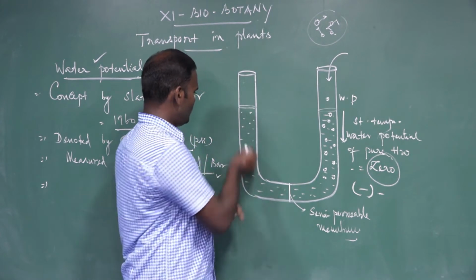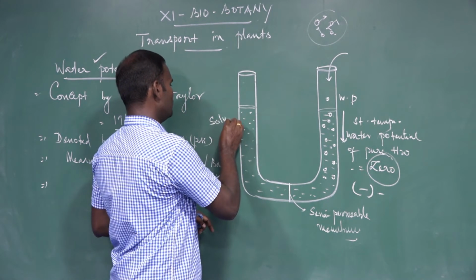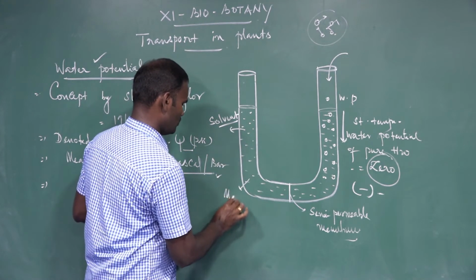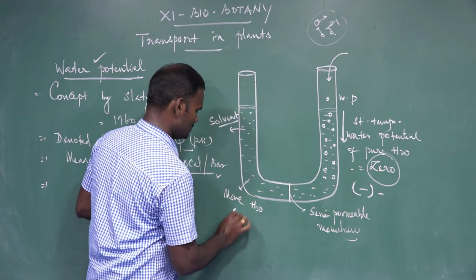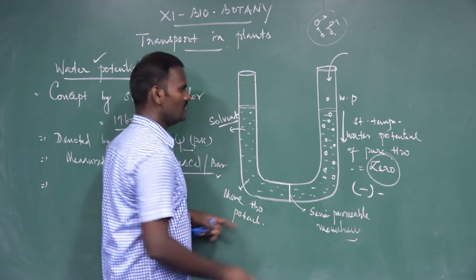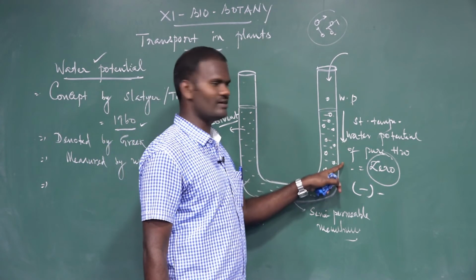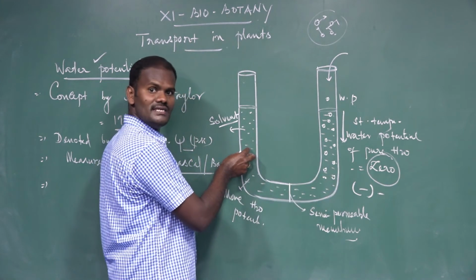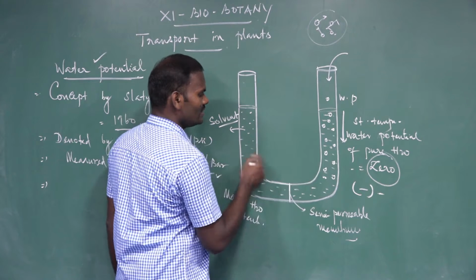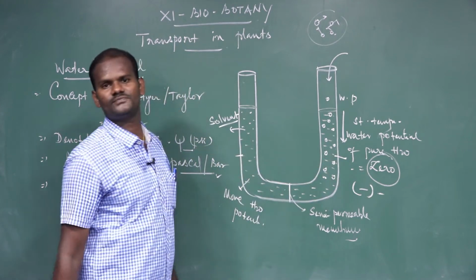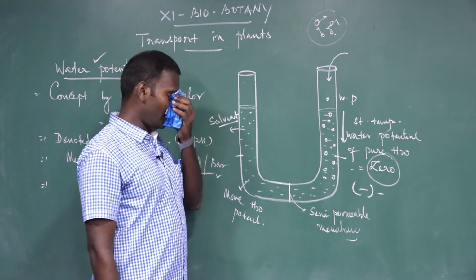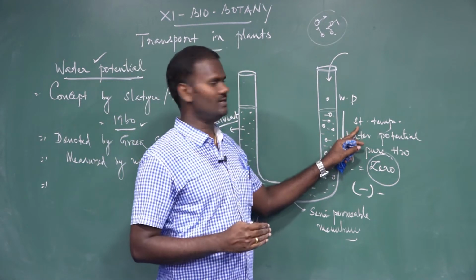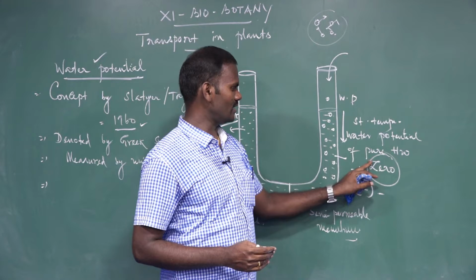See, pure water, also called a solvent, has more water potential. But if you add any solute particle, it reduces the water potential. So water potential is nothing but the free energy of water molecules between the solution and the solvent. At standard atmospheric temperature, once again remember, the water potential of pure water is 0.